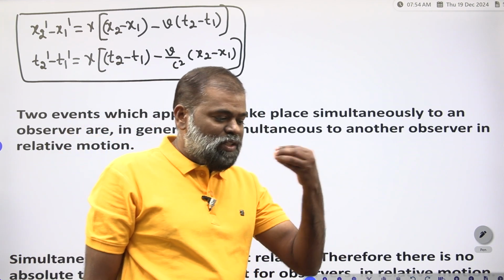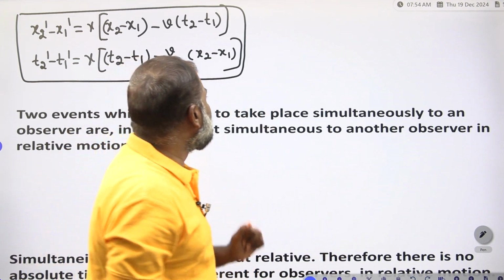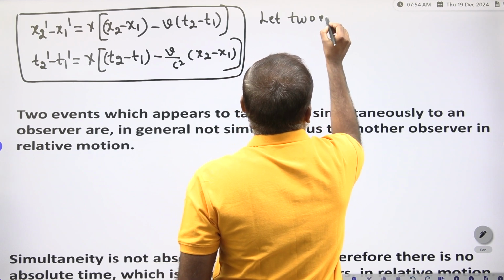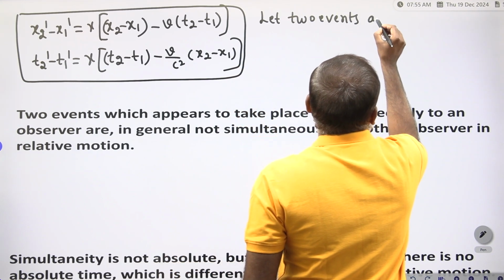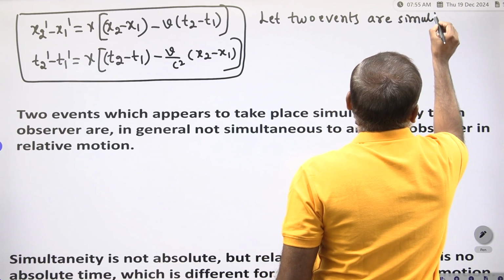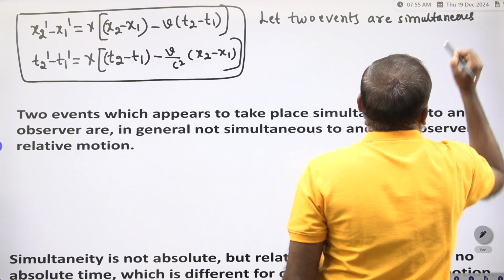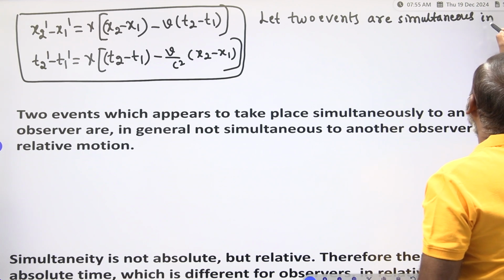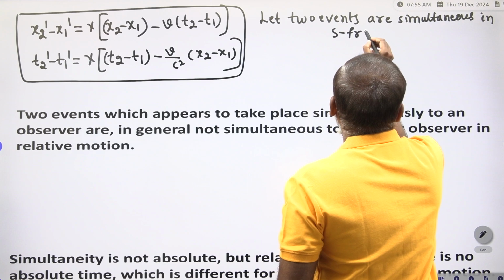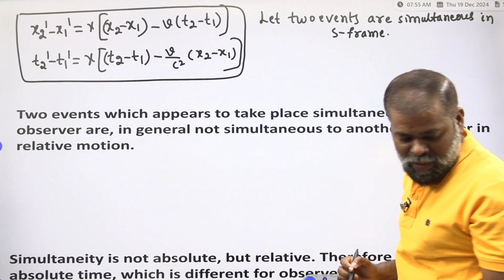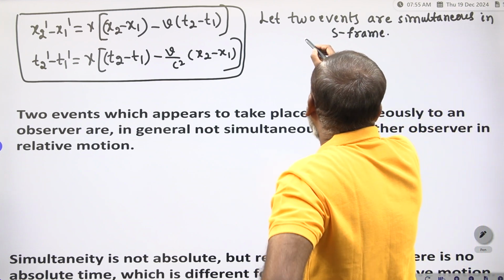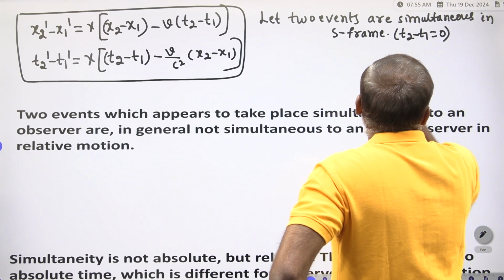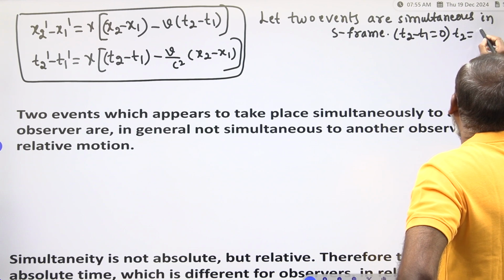let two events be simultaneous in the S frame. If two events are simultaneous in the S frame, then t2 minus t1 is equal to 0, because t2 is equal to t1.